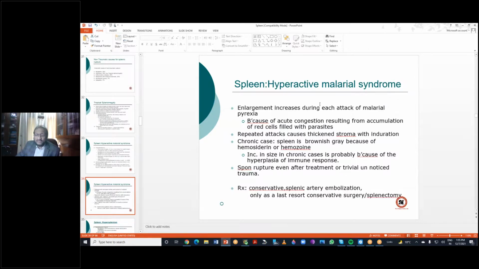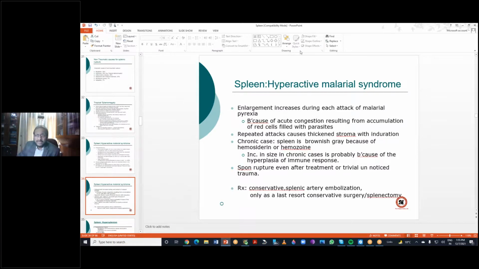Spontaneous rupture is one of the most important complications for we as surgeons when we may be called to tackle a malarial spleen, and surgery is to be taken as a last resort. Why? Because this is an area where it is very, very difficult to do a splenectomy. That is one.